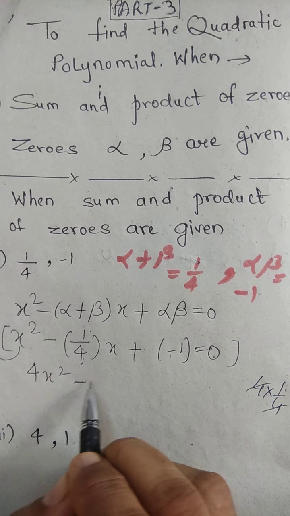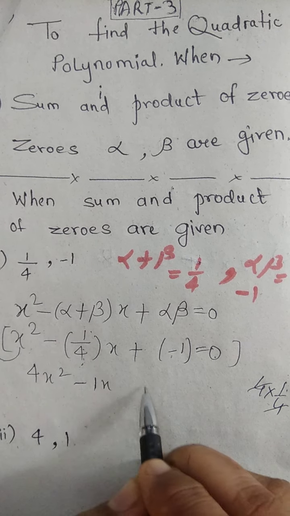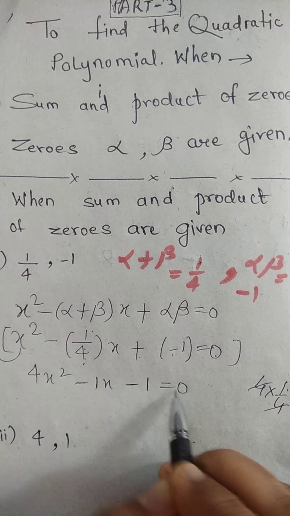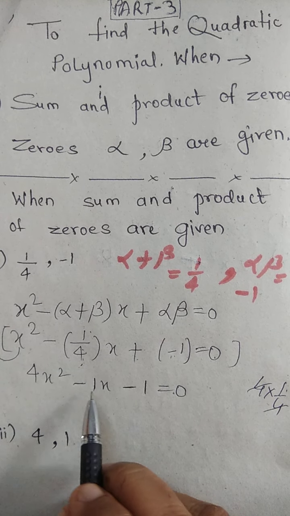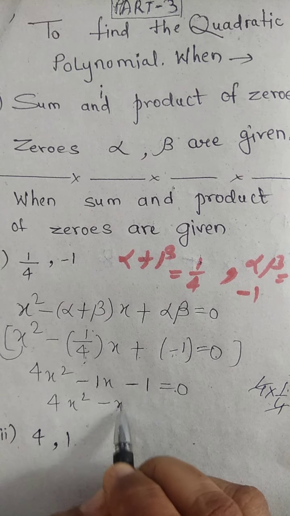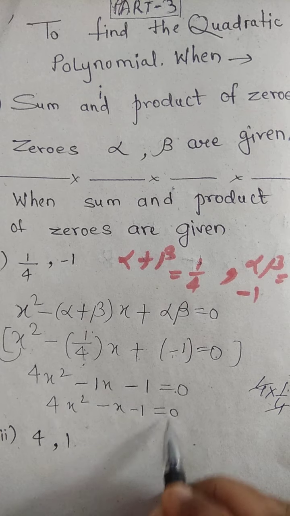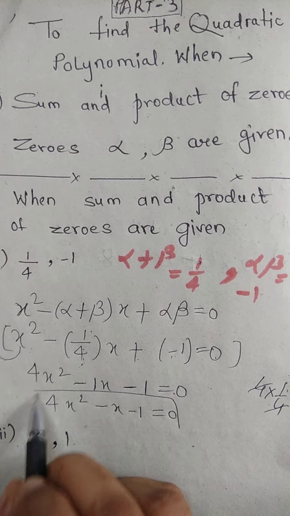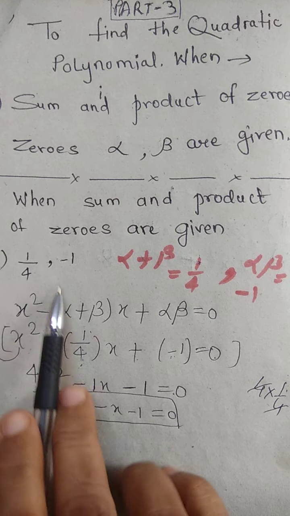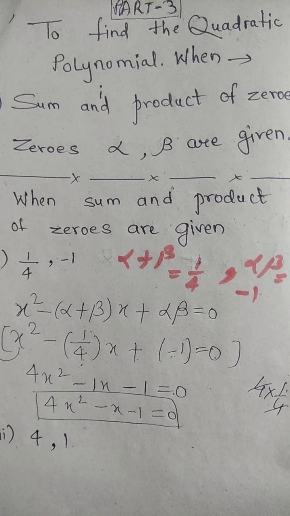So you will get minus 1x plus minus 1 equal to 0. Generally we don't write 1, so we will simply write 4x square minus x minus 1 equal to 0. So when sum of roots and product of roots are given, this is the quadratic equation when sum of root is 1 by 4 and product of root is minus 1.